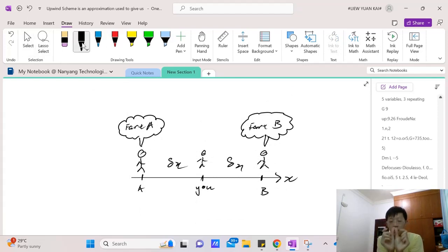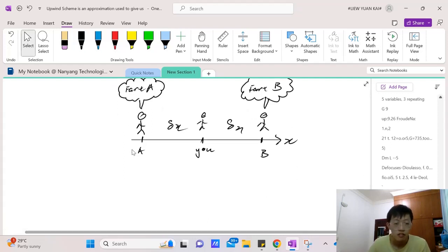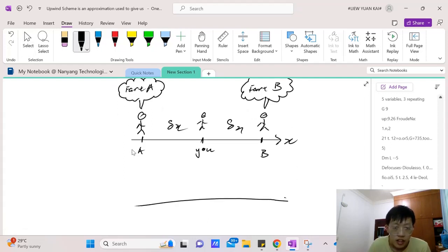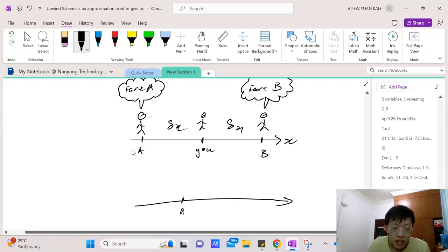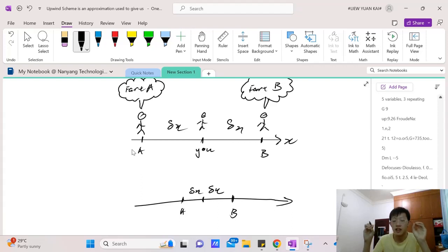As delta x is smaller and smaller, A will be closer to B, and it's very likely that the two concentrations of phi will diffuse in equal proportion.